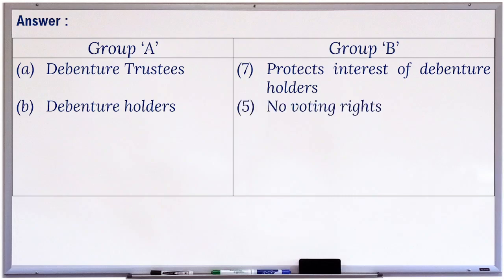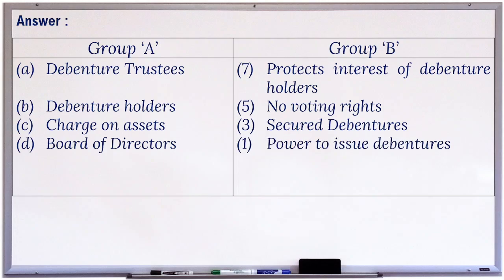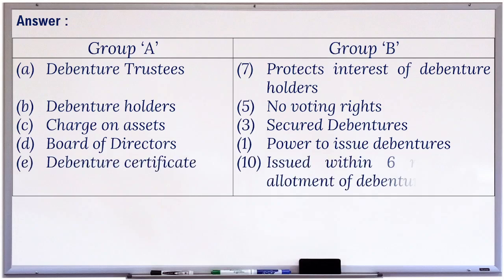No voting rights. C. Charge on assets. 3. Secured debentures. D. Board of Directors. 1. Power to issue debentures. E. Debenture certificate. 10. Issued within 6 months of allotment of debentures.